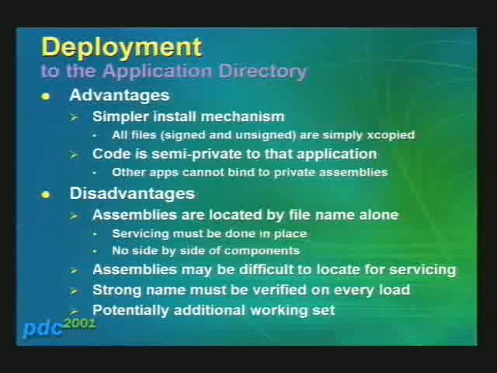Because they come from 10 different directories, the OS has no way of knowing that this is the same exact file, and it won't do any memory mapping of that file to different address spaces there. It'll simply load the same file 10 times, so you get some additional working set overhead when you actually deploy things in an app directory in that fashion.